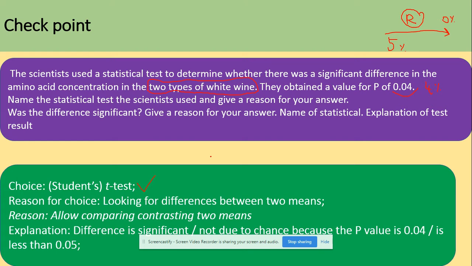So t-test, because we're looking at the difference in the concentration, so in the mean of those two different types of wine, and explanation what we've said. So the difference is significant because there is less than 5% probability that the results are due to chance. Okay, so other words, they are not due to chance because it's less than 5%.